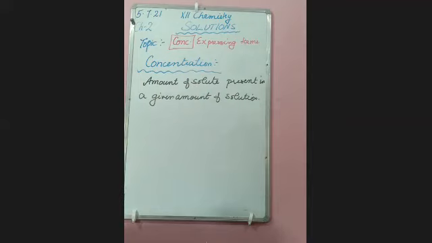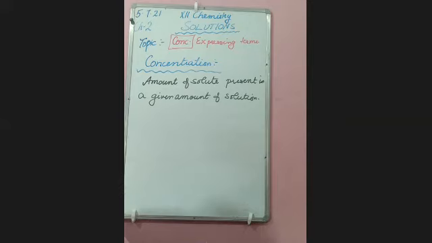Suppose I am adding 1 gram of sugar to 1 glass of water. So it is the amount of solute present in a given amount of solution. Okay. So there are so many terms which are used to express the concentration, like percentage, molarity, molality, normality, strength, mole fraction, mass fraction, parts per million, parts per billion, and we will discuss one by one.